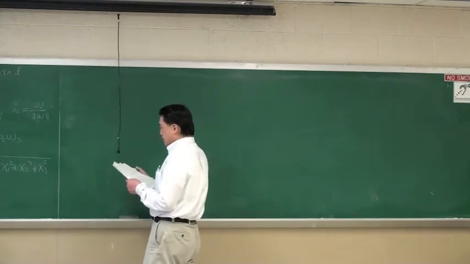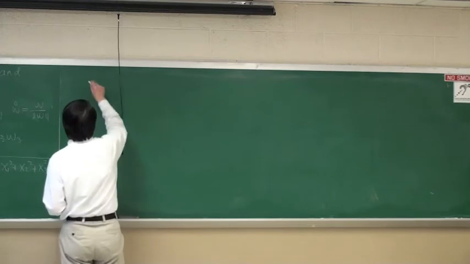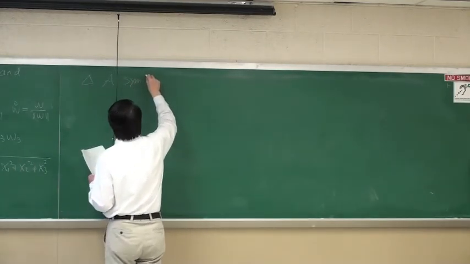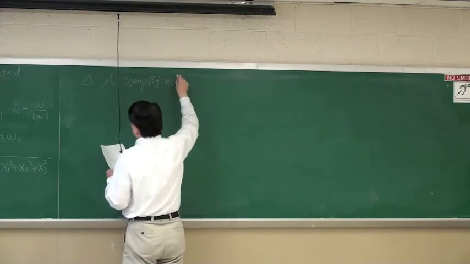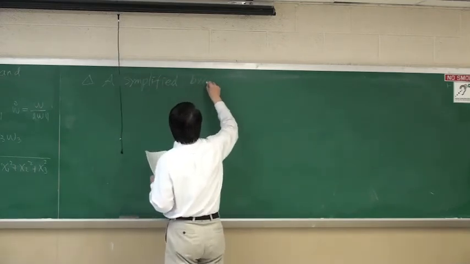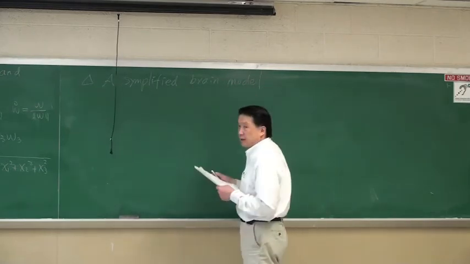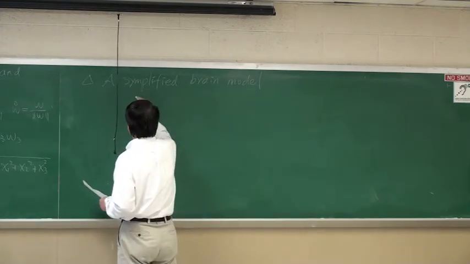So let's look at what the brain is doing. A simplified brain model from the top level. The brain goes like this.